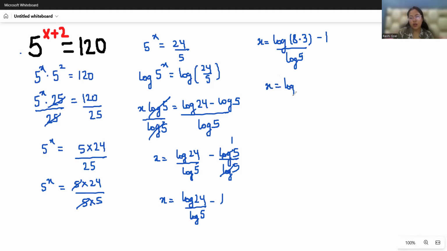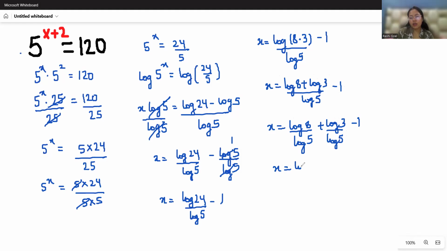So x equal log 8 plus log 3 by log 5 minus 1. So x equal log 8 by log 5 plus log 3 by log 5 minus 1.